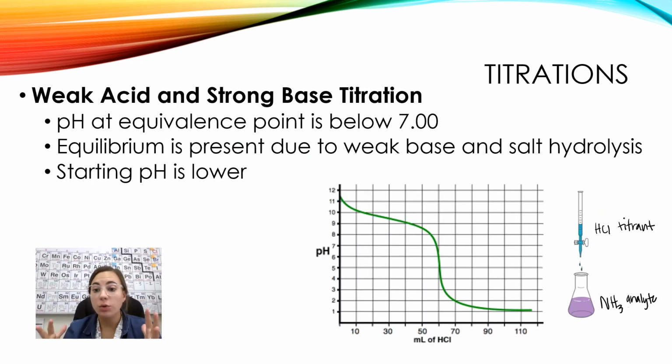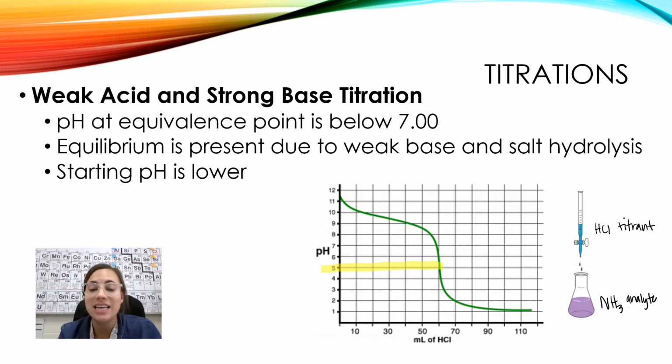Okay, so now we're just going to flip everything. So now we're going to titrate a weak base with a strong acid. So this time our pH is going to be below 7 at our equivalence point, because the conjugate of my weak base is a weak acid that can hydrolyze with water.